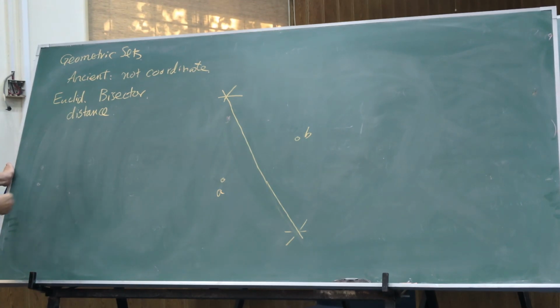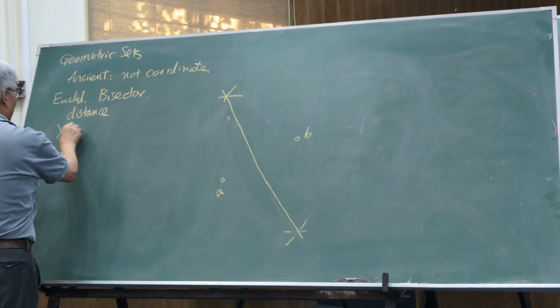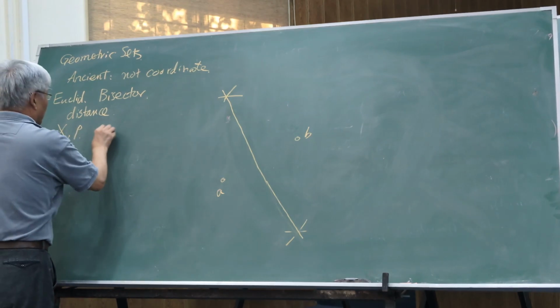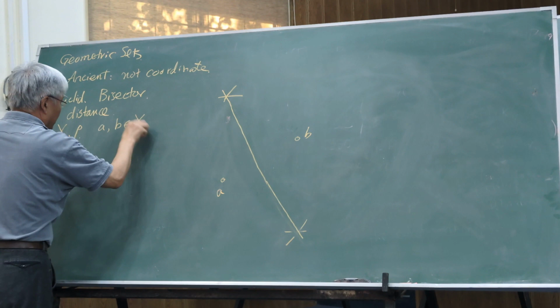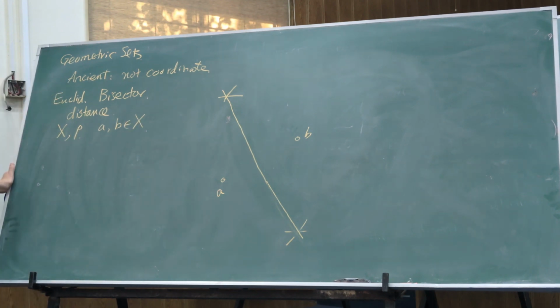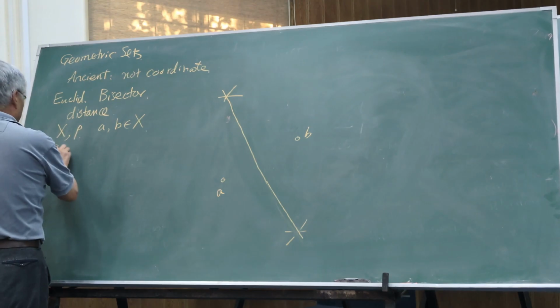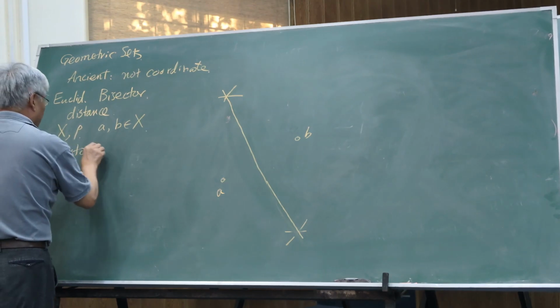So let X be a metric space with distance function rho. And then let A, B be 2 points. Then we define the bisector AB easily because we only use distance. And a metric space definitely has distance in it. It doesn't matter if distance is this straight or that straight. So this is a bisector, or the better name is equidistant set.